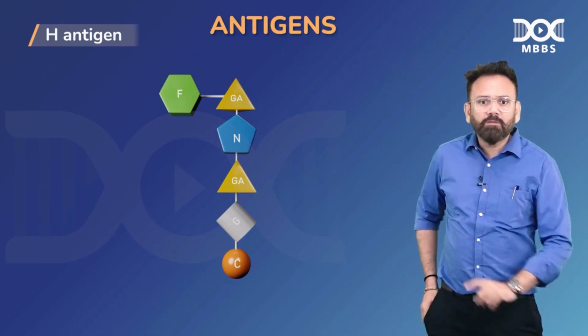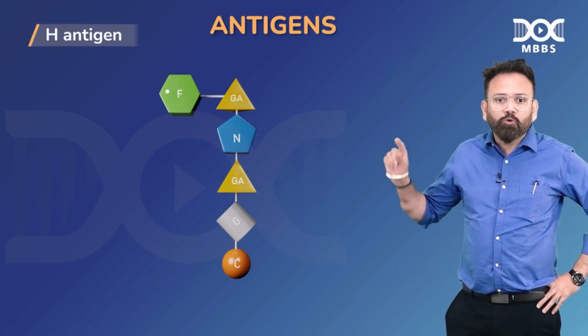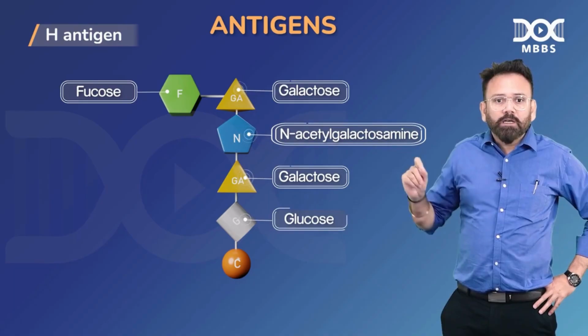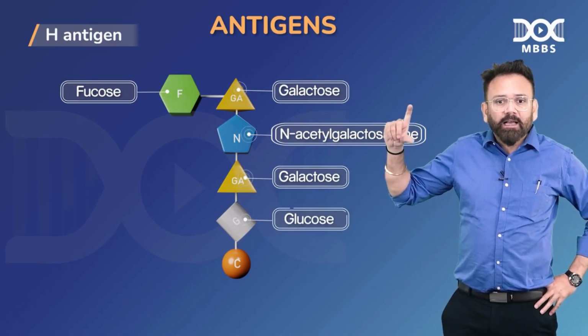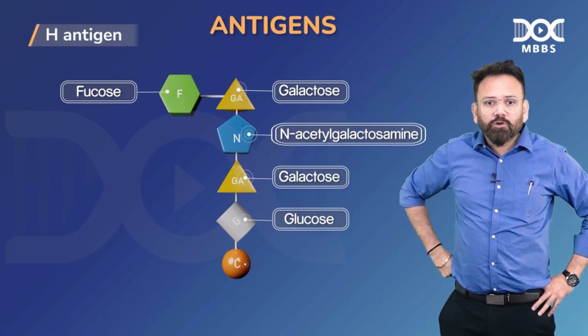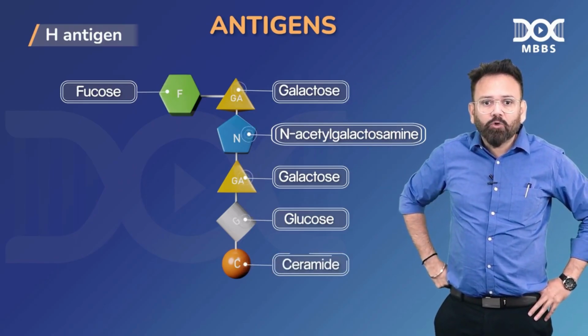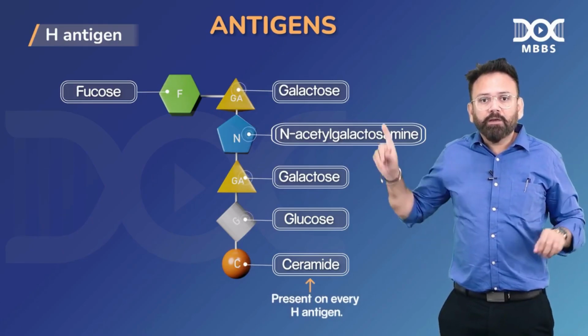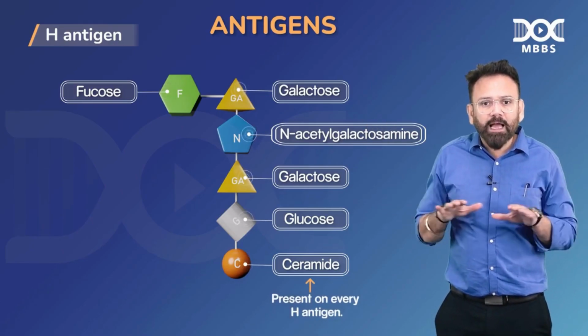Now this diagram is very important. You can see fucose, N-acetyl glucosamine, galactosamine, and glucose. It is the H antigen. And on the H antigen, you can see here, this is your ceramide or galactose. It all depends on this. Ceramide is on every H antigen.